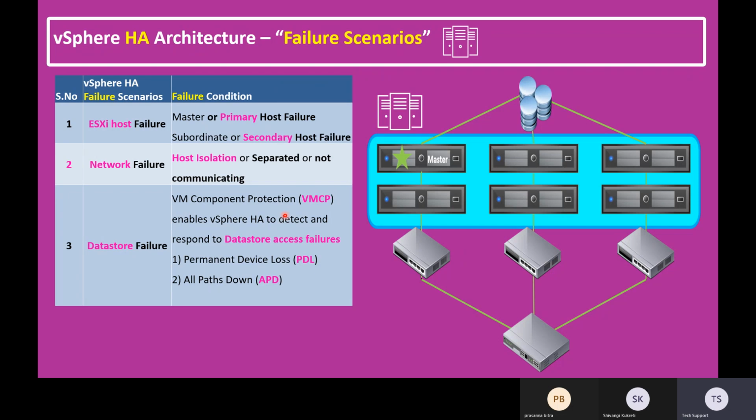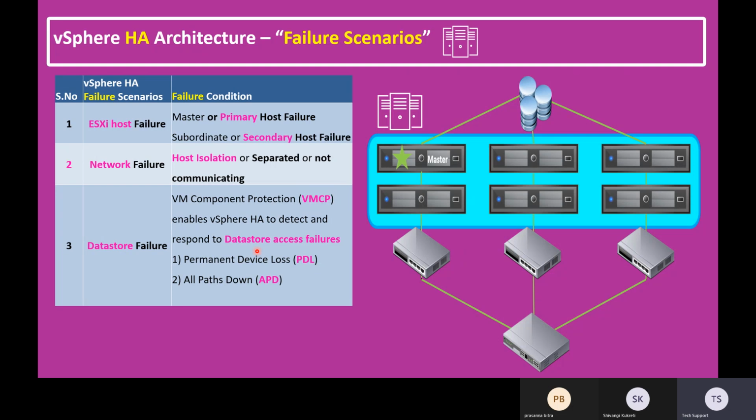Datastore failure: normally the datastore is enabled with VMCP. VMCP means Virtual Machine Component Protection. This option enables vSphere HA to detect and respond to datastore access failures. Normally, when we enable VMCP, there are two types of datastore failures. One is permanent device loss. The device here is what communicates between the ESXi host and our storage datastore or storage LUN.